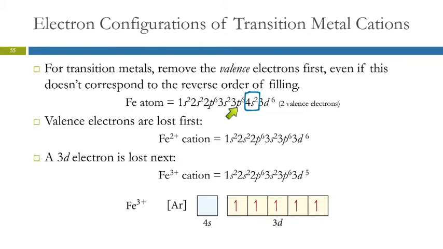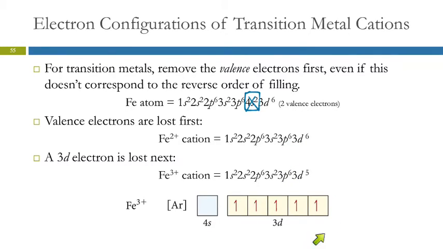You take those off, and now we're getting this electron configuration, because we just took those off. That's not reverse order of filling. So there's the iron 2 ion. There's also an iron 3 ion. After we've taken the valence electrons off, then you peel them off in reverse order, and so we'll take off one of these 3d electrons.